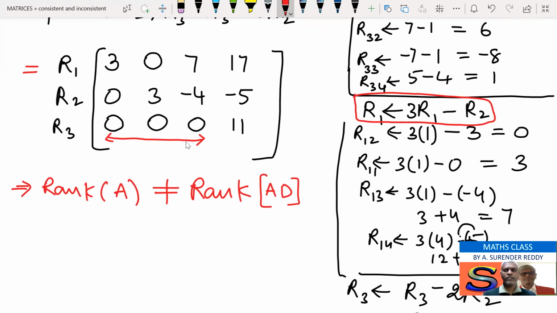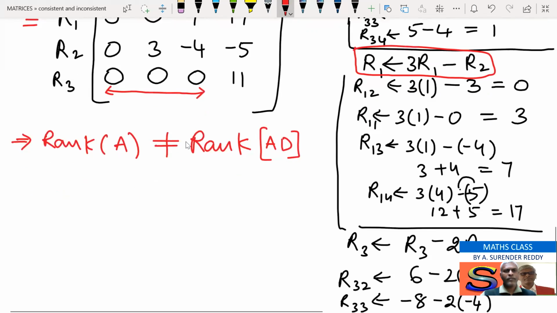If you come across this situation, that means the system has no solution. There is no solution if the rank of A is not equal to the rank of AD. So no solution, as the X, Y, Z terms become 0. If no solution, the system is inconsistent.